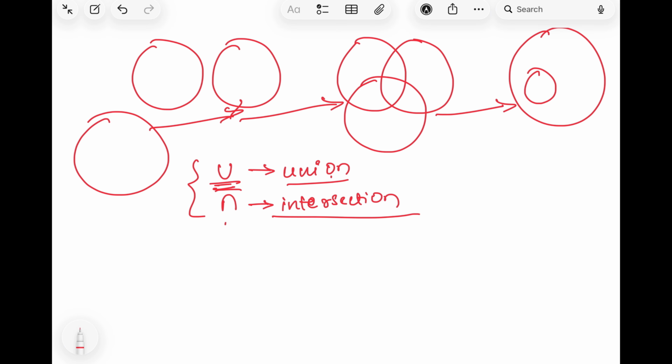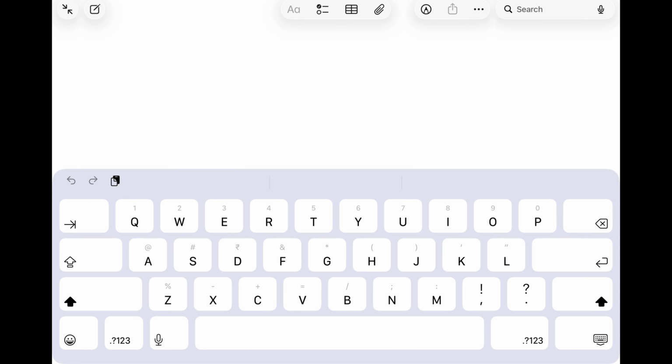Now what is union and what is intersection, we will understand with the help of one example. First let us understand union, and the symbol for union is very simple. I told you it's U, like a capital U. As I told you, we can do union and intersection only if we have more than one set. For this example we are taking two sets, though you may also have three sets.